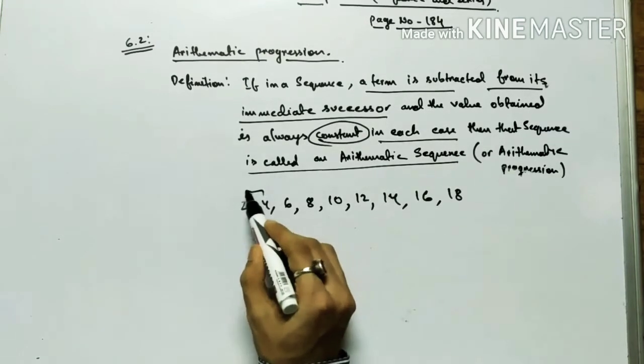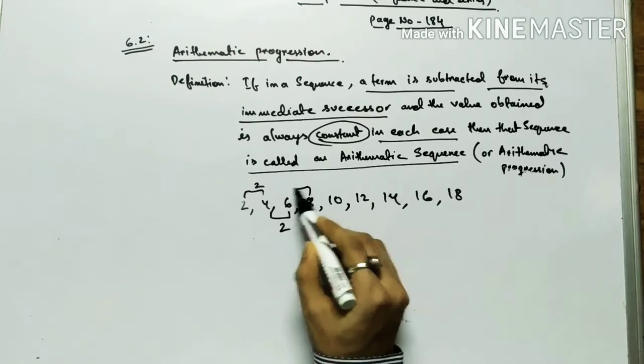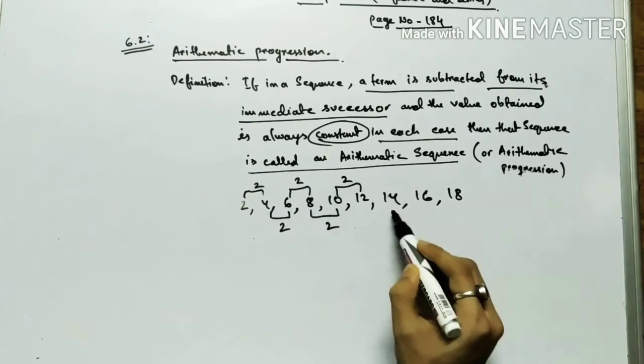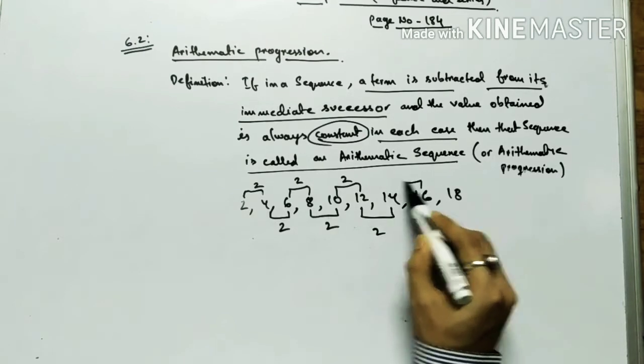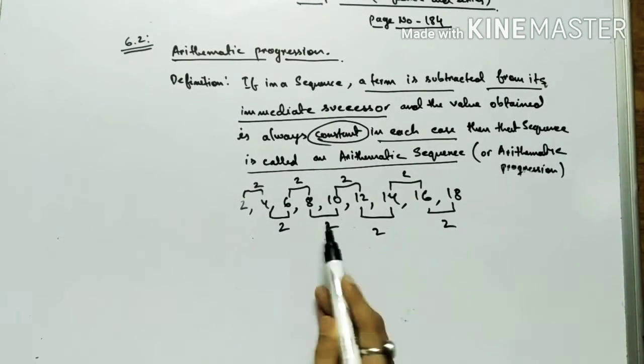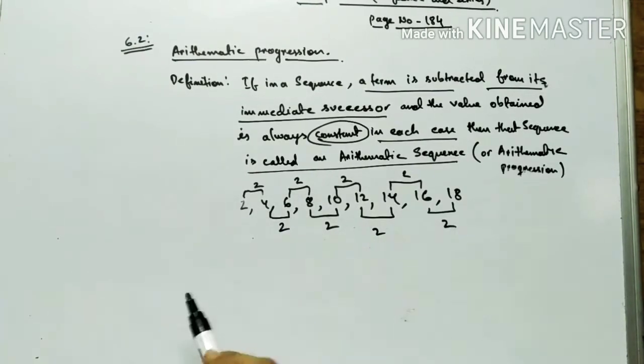Because 4 minus 2 is 2, 6 minus 4 is 2, 8 minus 6 is 2, 10 minus 8, 12 minus 10, 14 minus 12, 16 minus 14, 18 minus 16, all 2. The difference between the consecutive terms is constant. Therefore the sequence is in arithmetic progression.